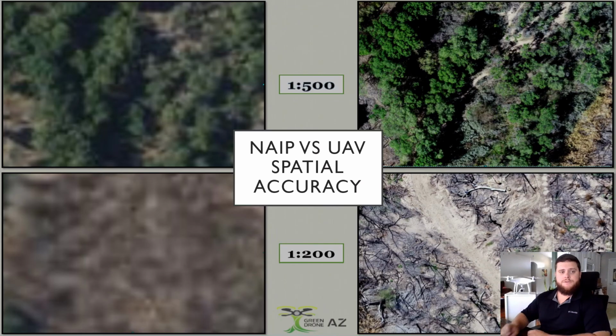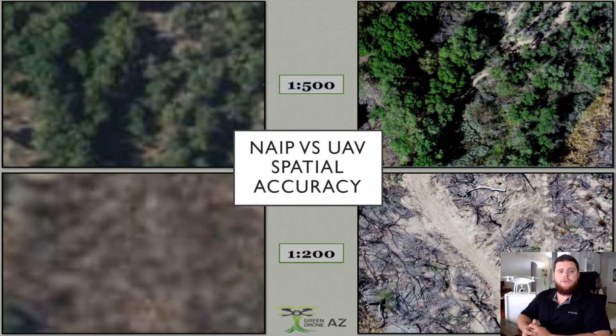Again, this is another example, NAIP imagery versus UAV. This is tied to spatial accuracy. NAIP imagery has approximately 1 meter spatial accuracy. The imagery that's displayed on the right is imagery that we collected at the Lower Salt River Restoration Project site.